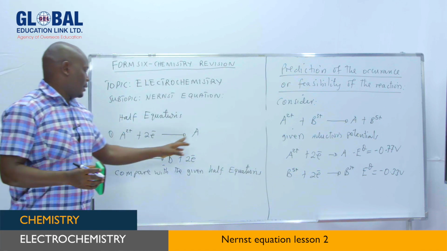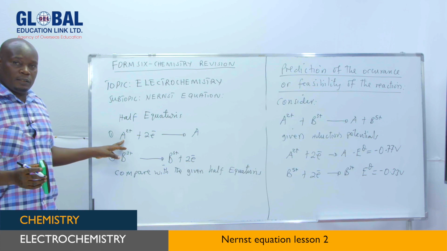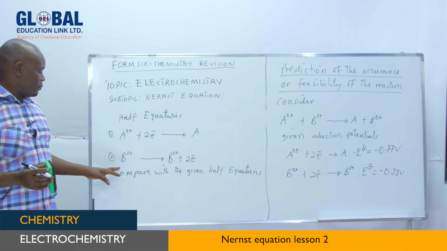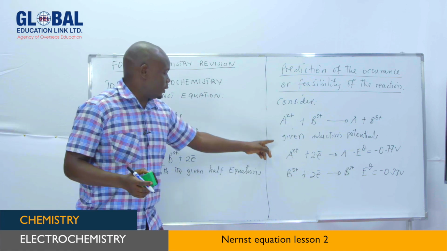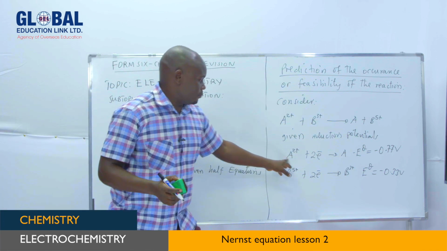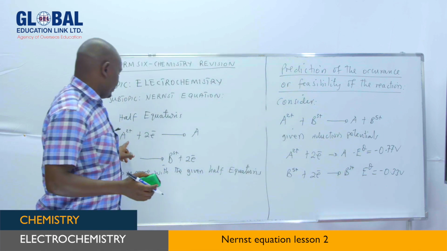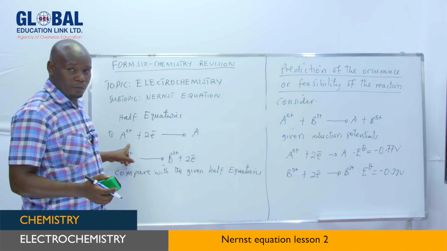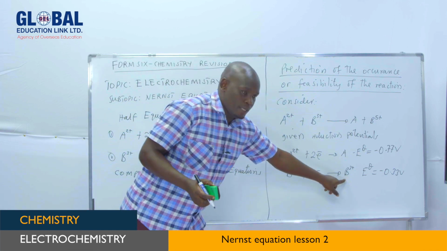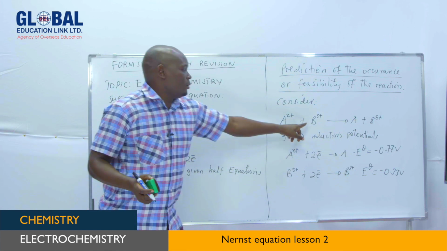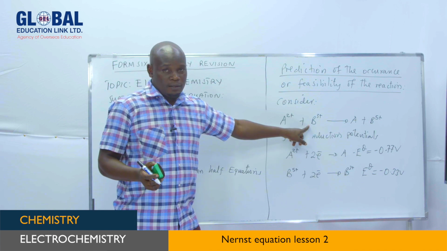Here A is being reduced, but B is being oxidized. In our given half equations, A has been reduced, the same as the one we obtained from that reaction. But B has been reduced in the given equations, whereas in our equation B is oxidized.